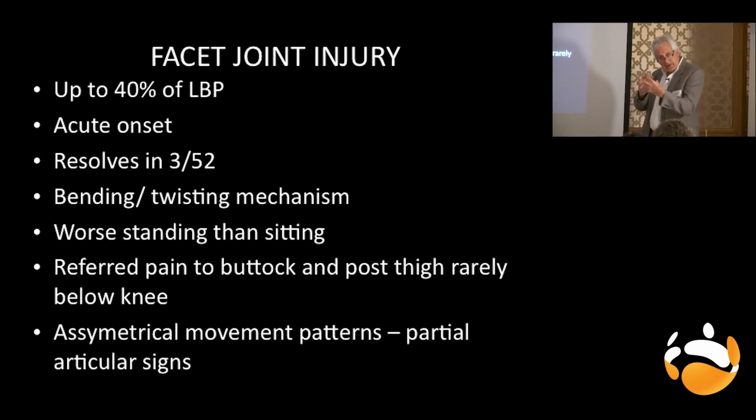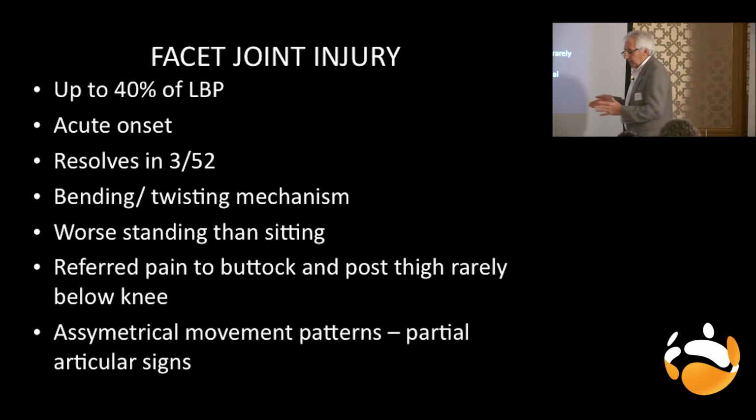I mean, you can have a rotation in the spine, which can affect both the facet joint and disc, and you can get disc and facet joint problems together. And if you get that rotation, then sometimes that can cause sciatic type pain because the nerve is caught in the foramina as it's rotated. And they tend to have asymmetrical movement patterns, or what we call partial articular signs.